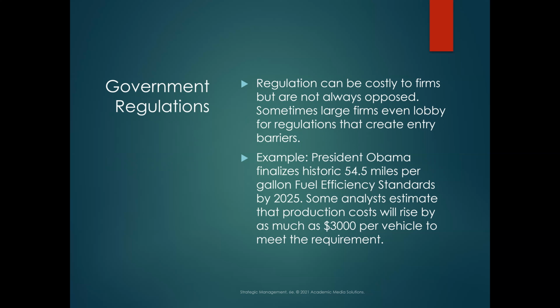And although this would be helpful for the environment, for the car manufacturing company, at least in the short run, it actually increases the production price. Some estimate it will increase up to 3,000 per vehicle in order to meet such requirements. So this is a great example to see how government regulations can significantly influence how firms operate.